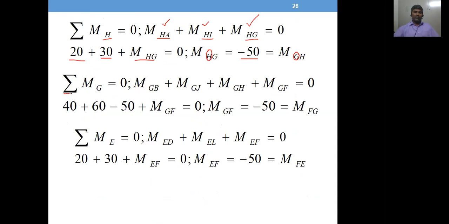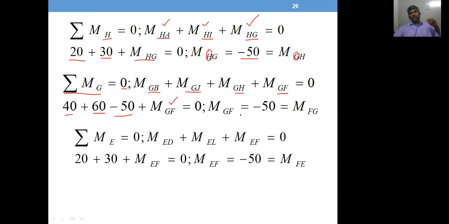So you see, sigma MG is 0. So GB is a column, 40 plus 40. So all clockwise I am writing it as 40. GJ column below, 60. So GH is a beam, minus 50. GF we want the value. Okay, right? So 60 plus 40, 100 minus 50 is 50.